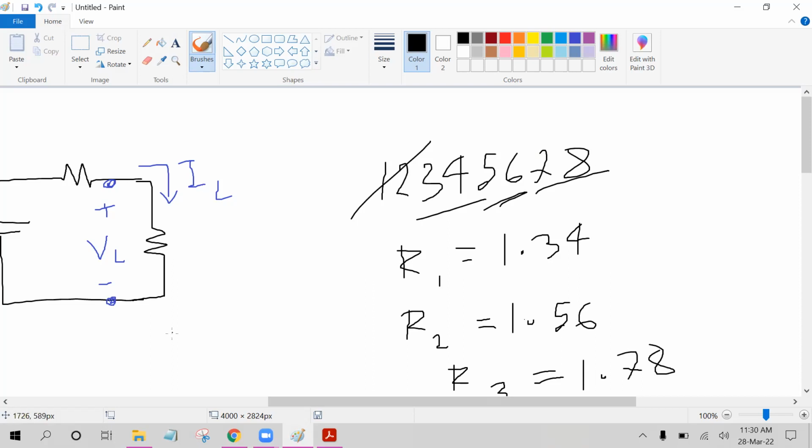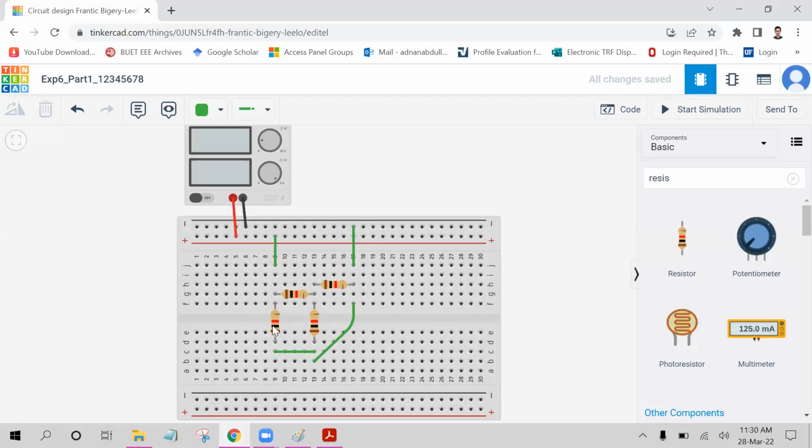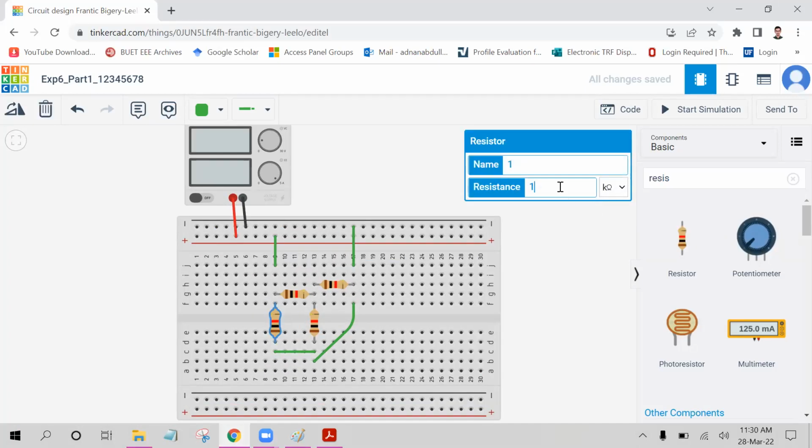Yes, sir. So please set the resistor values according to your student ID. I am going to set it according to my dummy ID 1.34. You can also rename the resistors just for your better understanding. This one is R1, this one R2, and this one is R3.